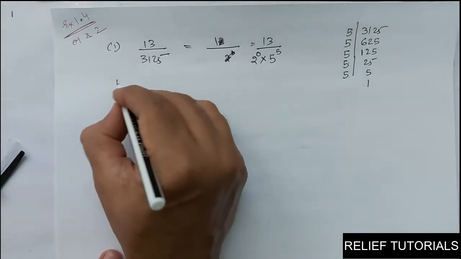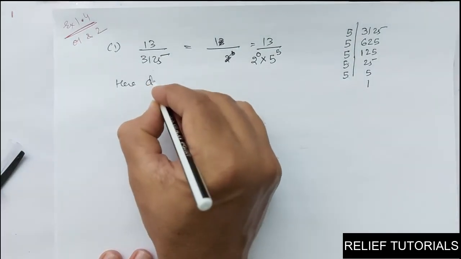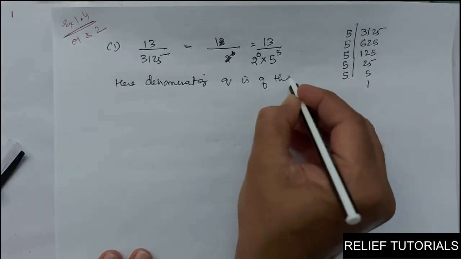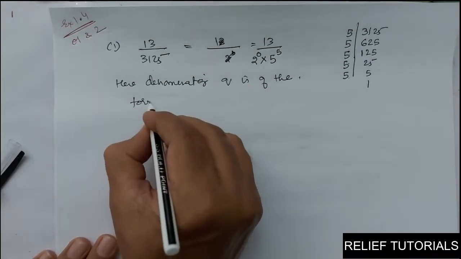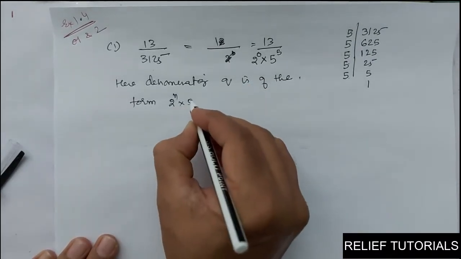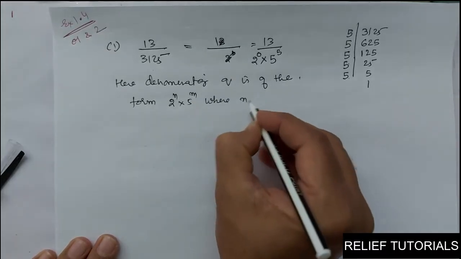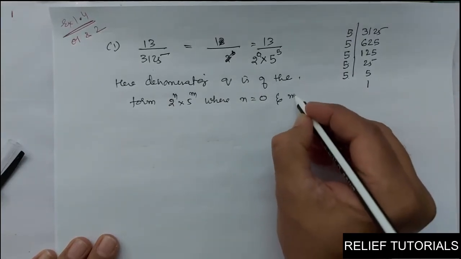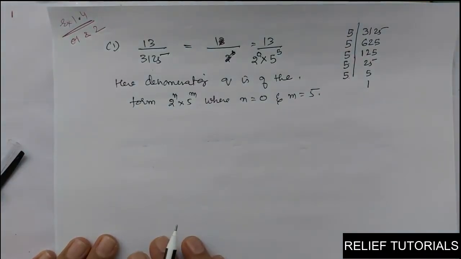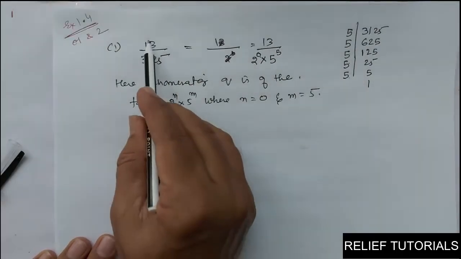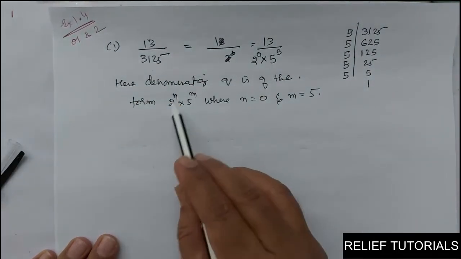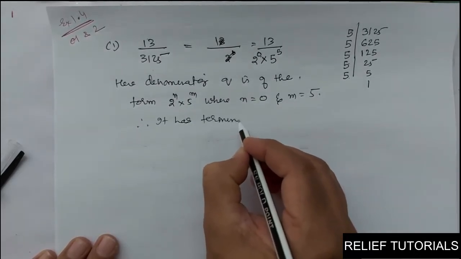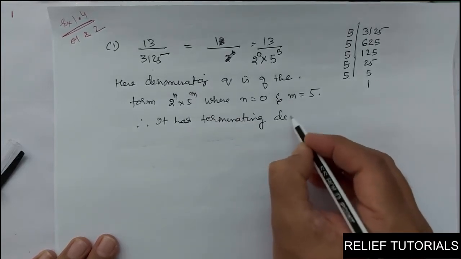So denominator q is of the form 2 raised to n into 5 raised to m, where n is equal to 0 and m is equal to 5. So the denominator of this rational expression p by q is of the form 2 raised to n, 5 raised to m, therefore it has a terminating decimal, according to the theorem.